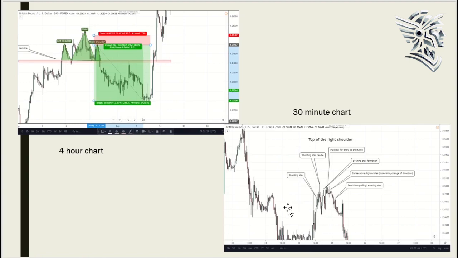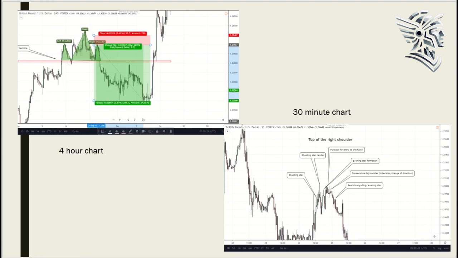But if you take a closer look, you've got one big rejection wick here, a shooting star here, another shooting star here, an evening star formation here, a pullback for a potential entry, big wicks rejecting at this level again, and a bearish engulfing leading into an evening star formation, and then once again another pullback opportunity to enter. And all of that has just come from that, which is why it's important to use your lower time frames to get your entry on your trades.